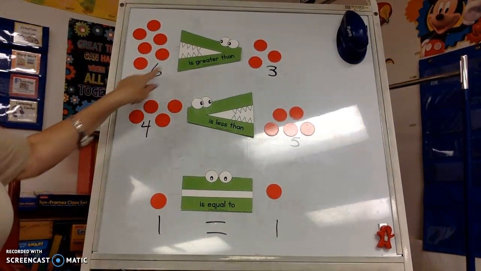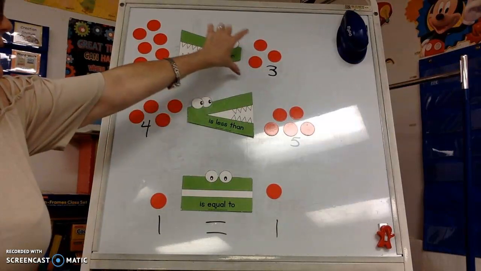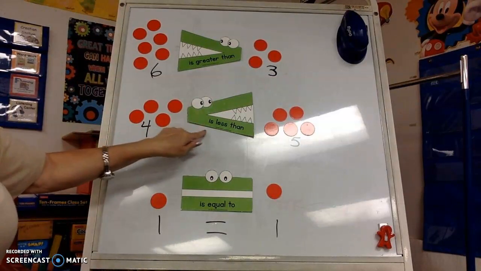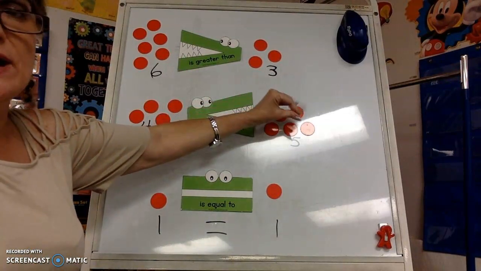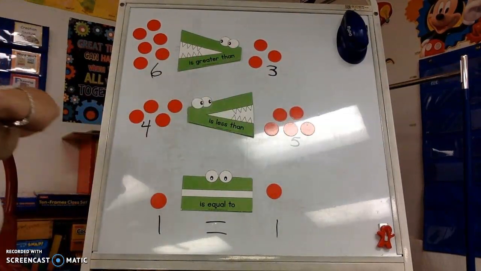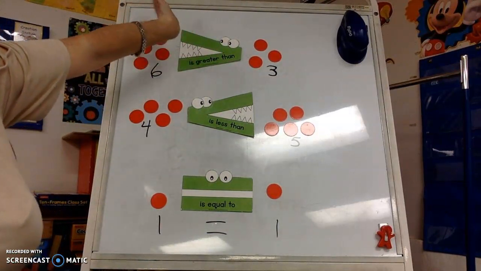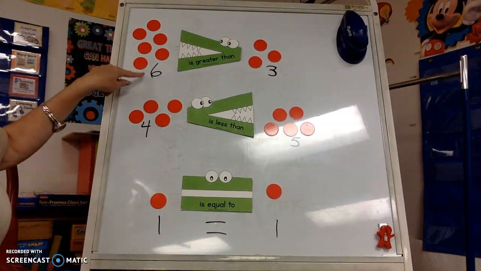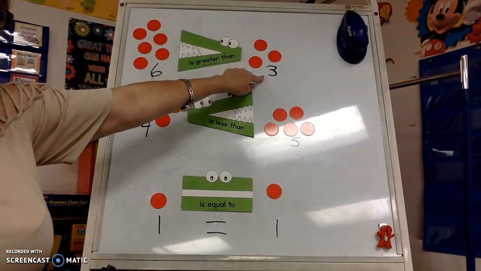So 6 is greater than 3. The crocodile is eating the bigger number. He's chomping the bigger number. Here, 4 is less than 5, he's chomping the bigger number. But the bigger number is on this side, and the smaller number is on this side.